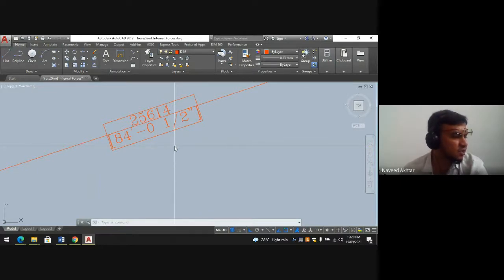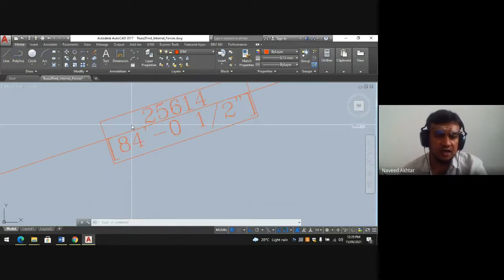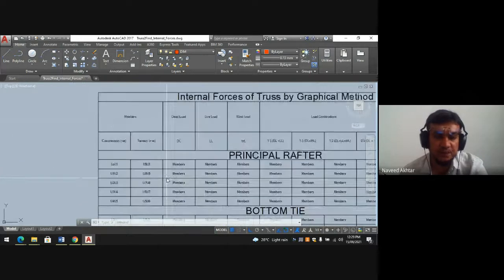Because it is the principal rafter, the compression member is a negative value. That's why the rafter in the gravity load has a negative value. That's why this is minus 25.61 kilonewton. Okay, so I will write down here. Dead load in kilonewton.